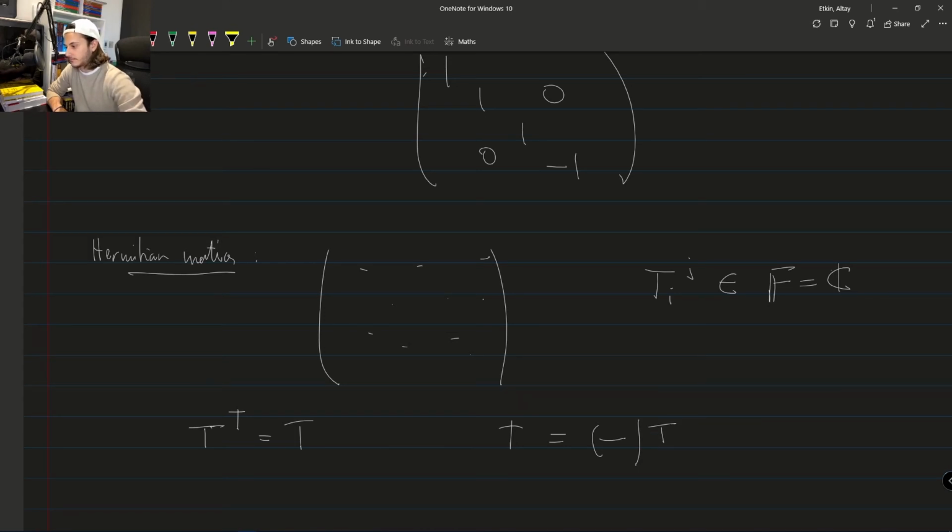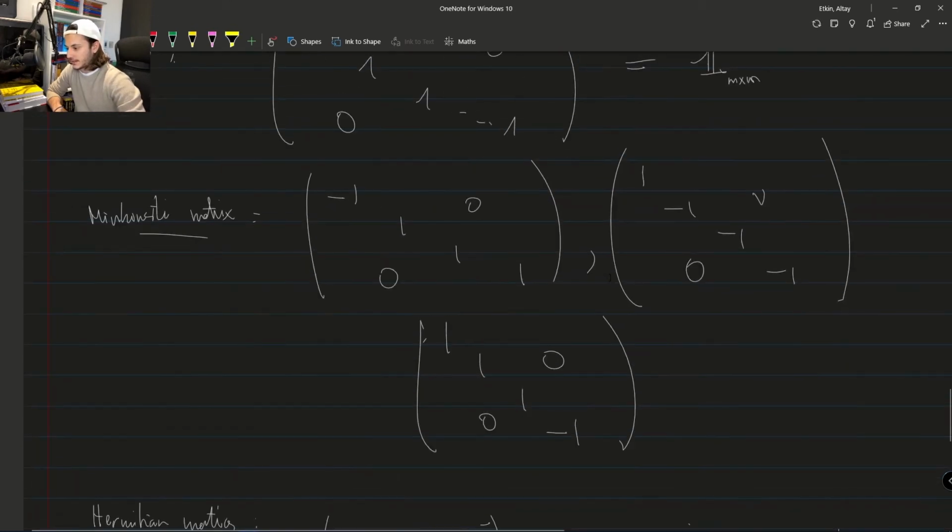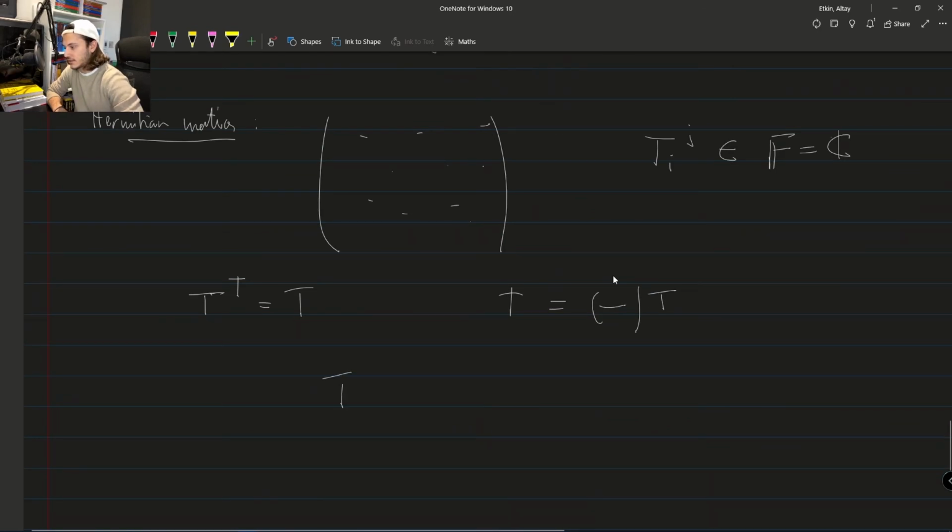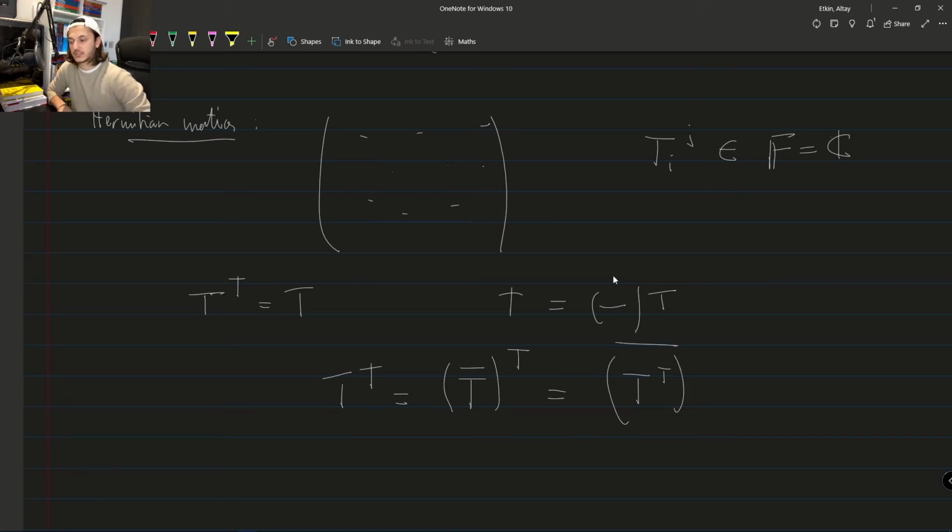So the property is that T dagger is T bar transposed, which means complex conjugation and transpose, or T transposed and complex conjugated. And if that is equal to T itself, then T is called Hermitian.